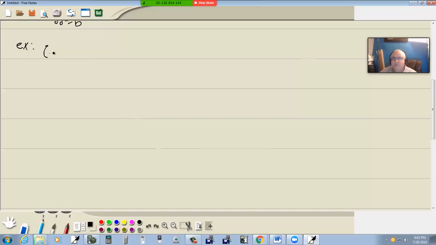Let's say it passes through the point -1, -5. And it's perpendicular to 5x plus 2y is equal to 3.